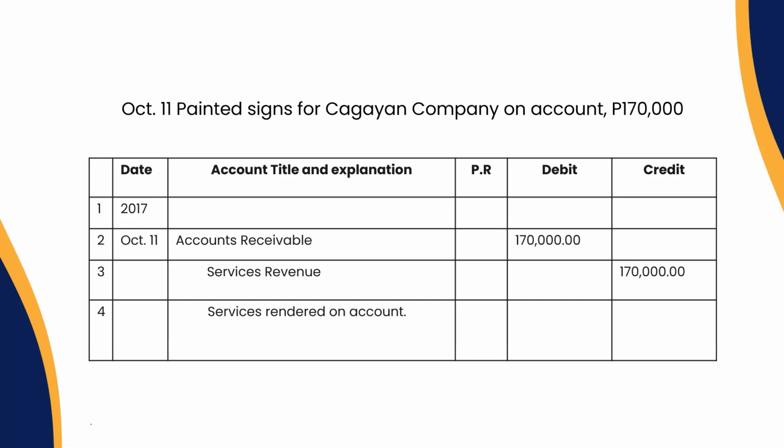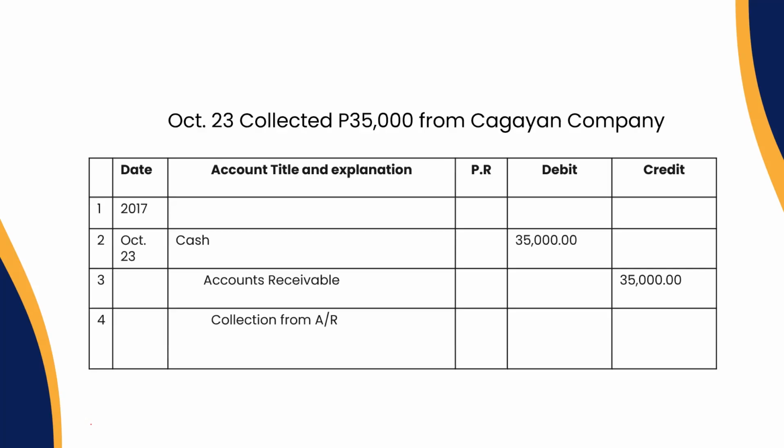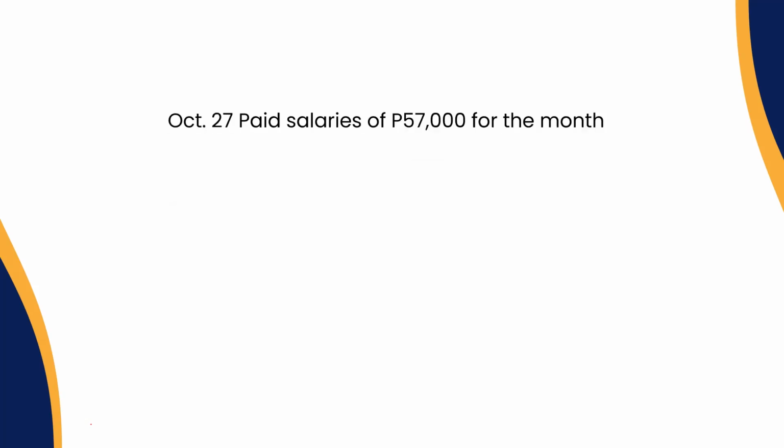Ibig sabihin, nag-provide tayo ng services but hindi pa tayo nababayaran on October 11. Now, on October 23, ang sabi dito, we already collected 35,000 pesos from Cagayan Company.